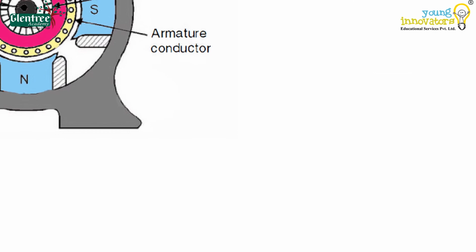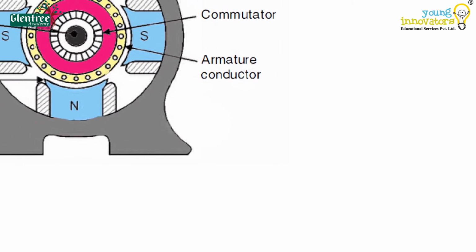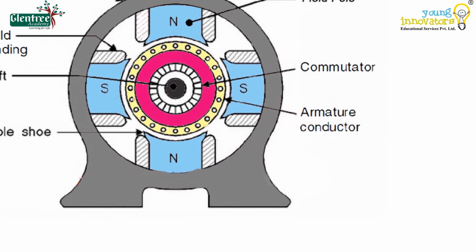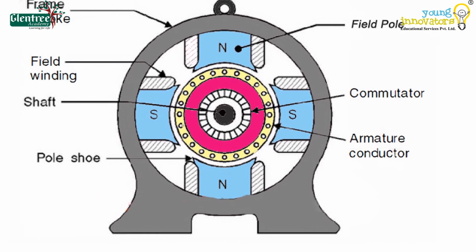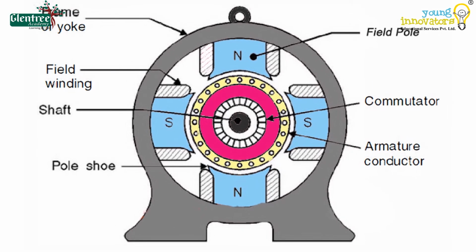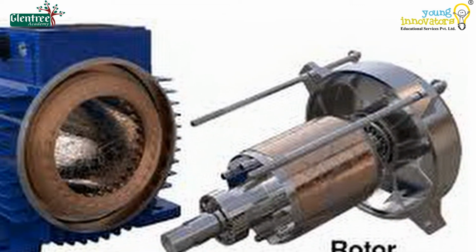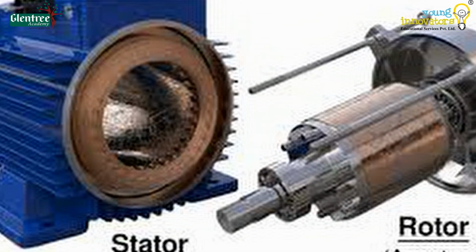The basic construction of a DC motor has a stator, a rotor, a yoke, poles, armature windings, field windings, commutators and brushes. Let us look at each part in detail. A stator, as the name suggests, is the static unit containing the field windings.